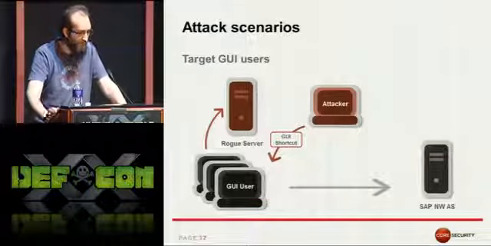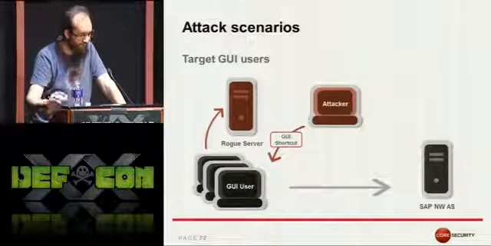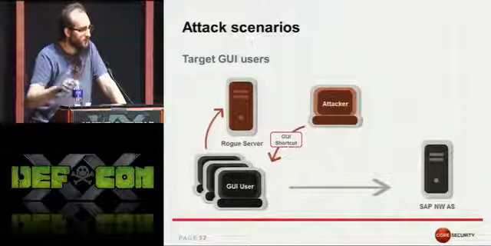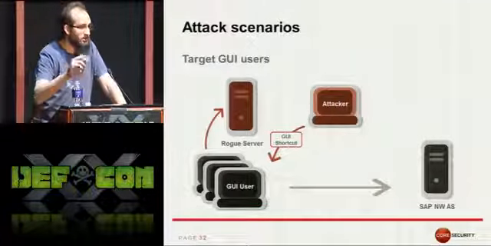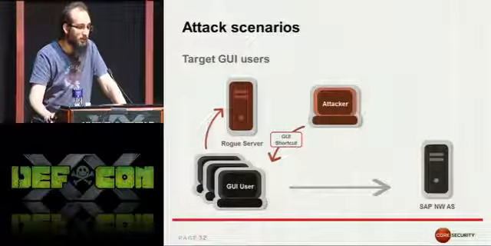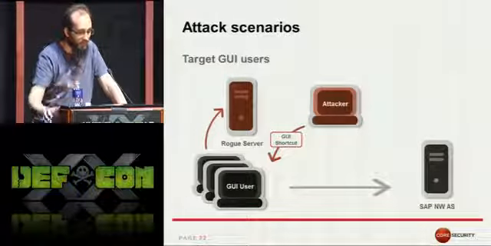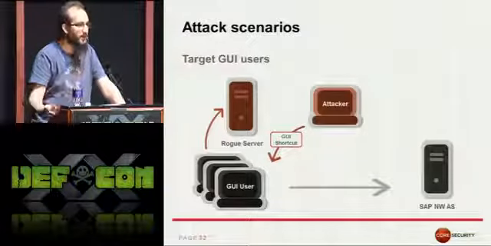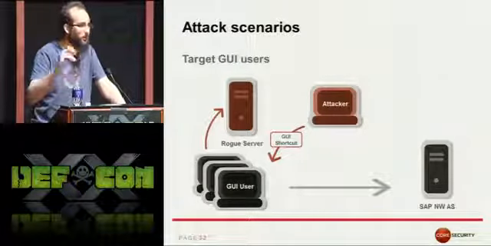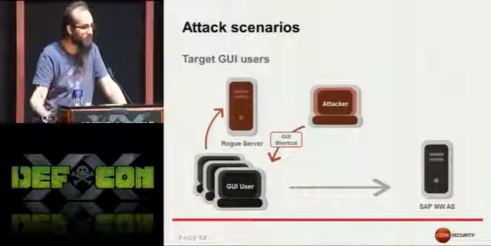There's a feature in the GUI application called GUI shortcuts, which are special .sap files that, when you open them with the GUI application, the GUI starts a business transaction or a program in the application server.